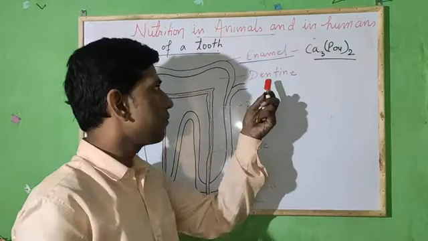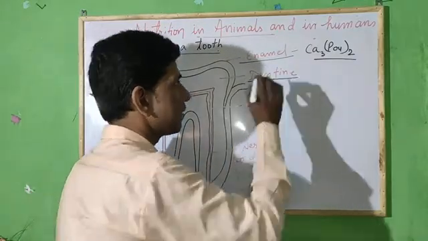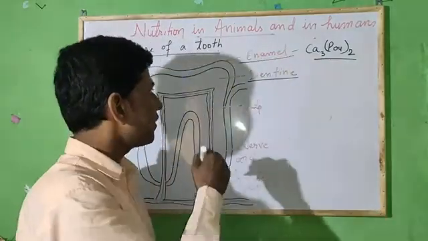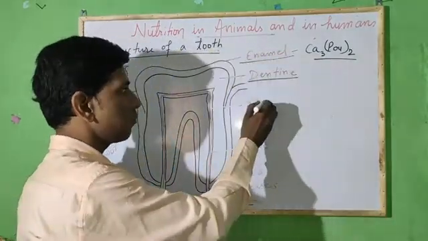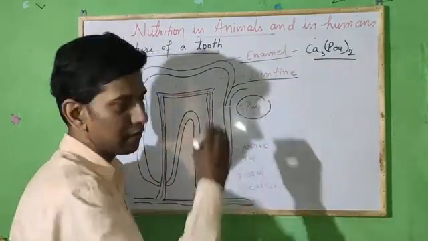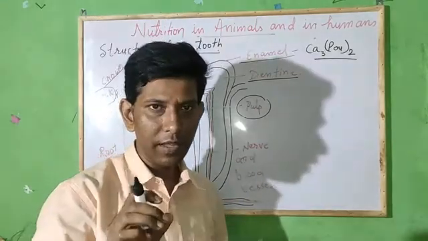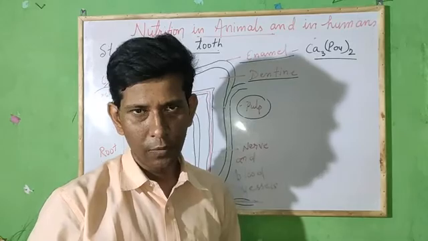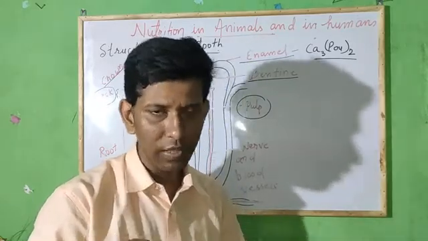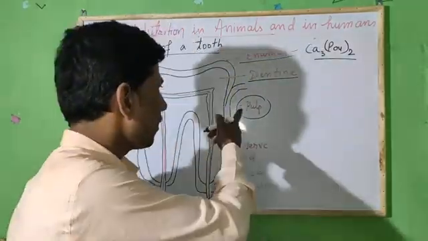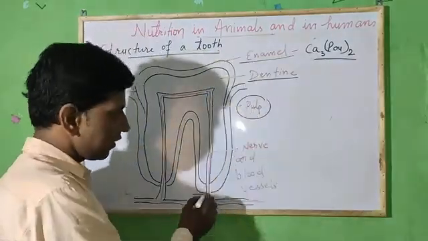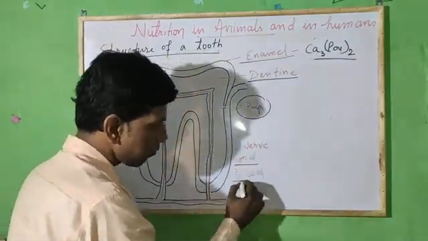Just after the enamel, we have dentine. It is also very hard, just like bone. After that, the most important part of our tooth is the pulp area. In the pulp area, we have blood vessels and nerves. We have toothache if our pulp area gets damaged, because it contains nerves and blood vessels.